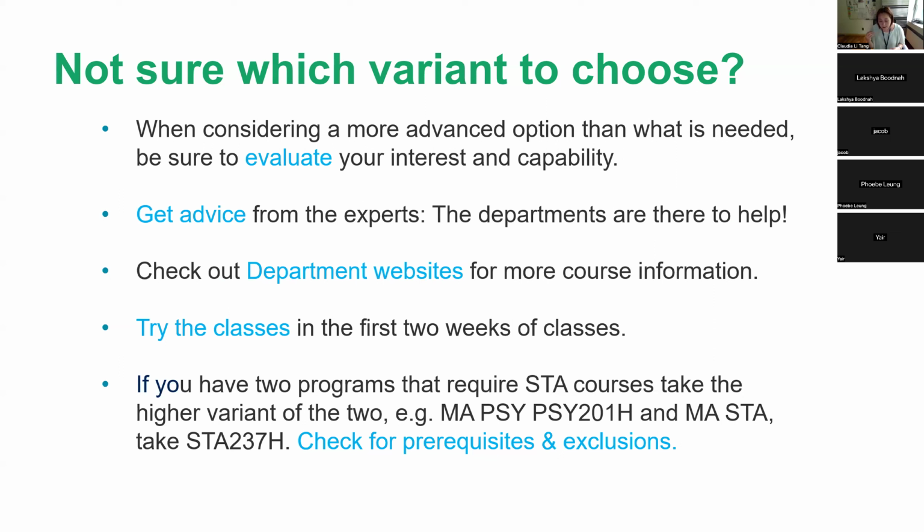If you're majoring or minoring in stats and doing another major that requires stats, it's important that you do not take both, because they would be exclusions, but you would typically take the higher variant. For example, stats would not accept PSY 201 as their stats course, but psychology would accept STA 237 as their quantitative stats course.